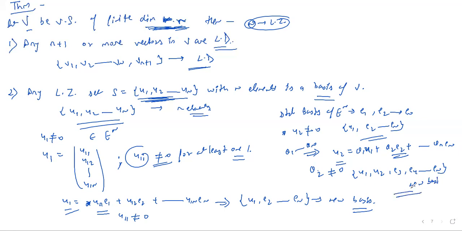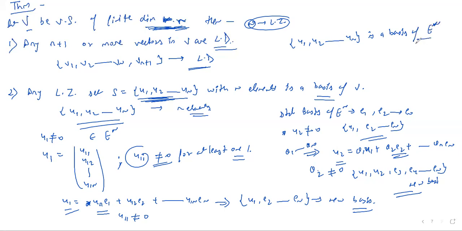So by proceeding similarly for u1, u2, u3 to un, we get that the vectors u1, u2 to un form a basis of E to the power n.